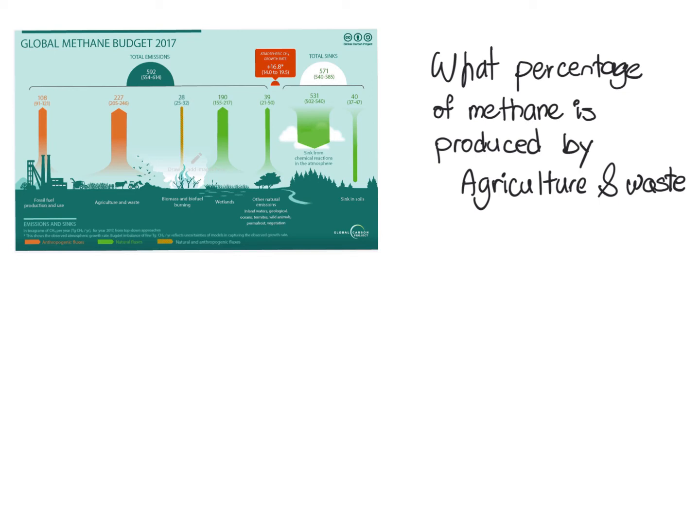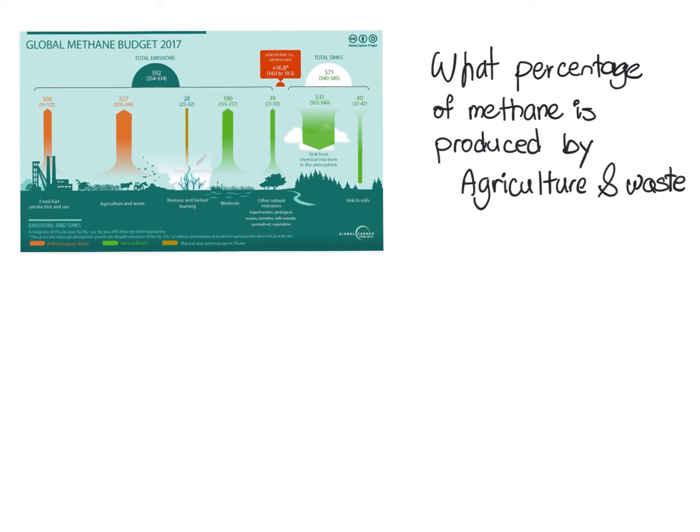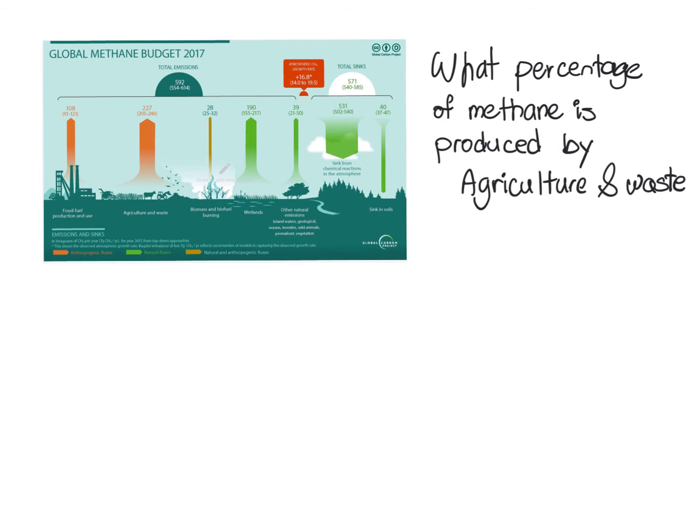Today we're going to learn about percentages. Just like we have been looking at percentages in the past few days, in this case we want to know what percentage of methane is produced by agriculture and waste.